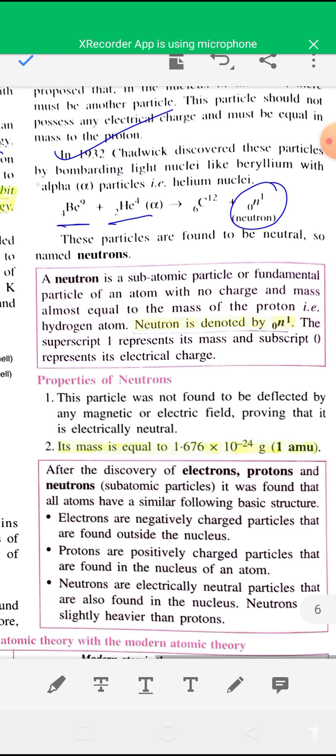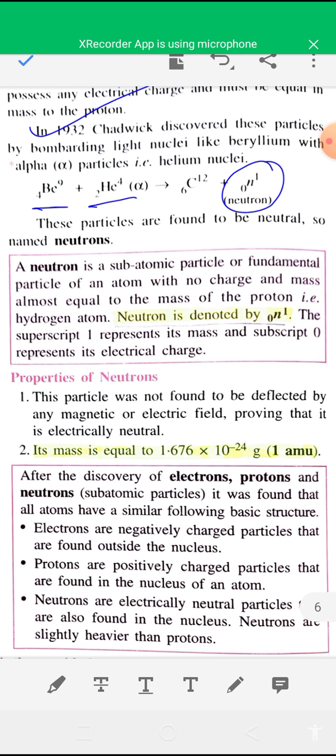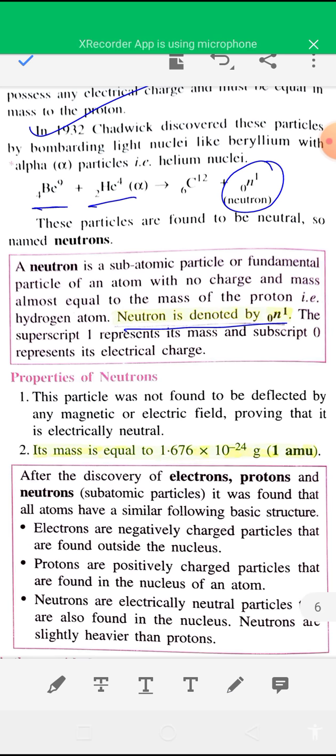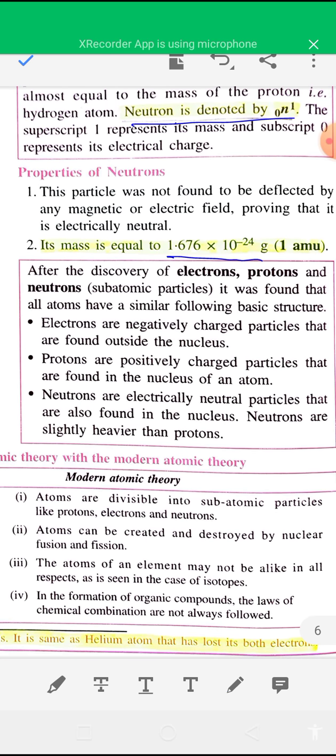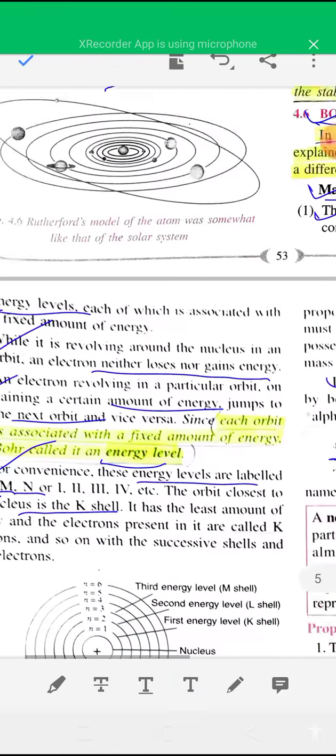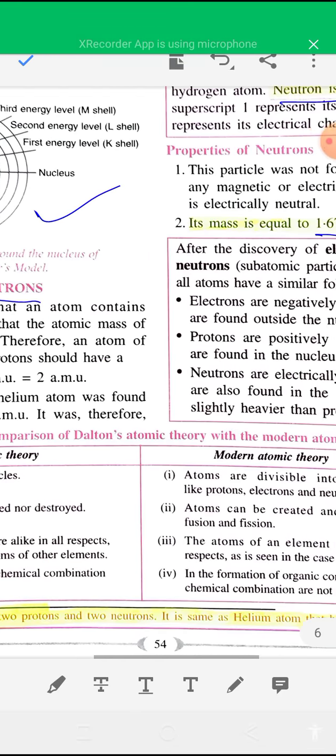The neutron is a neutral particle, denoted by 0n1, and the mass of a neutron is 1.676 × 10^-24 gram, and its charge is 0. Okay, thank you students.